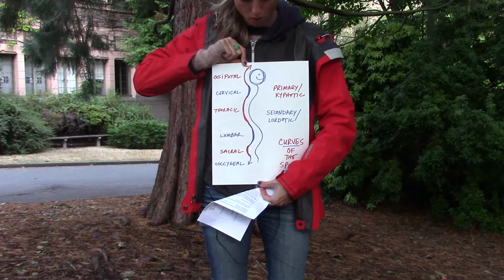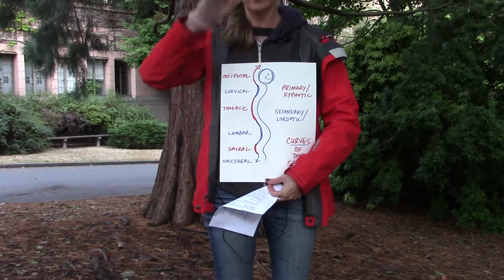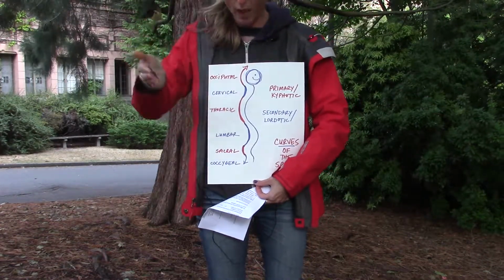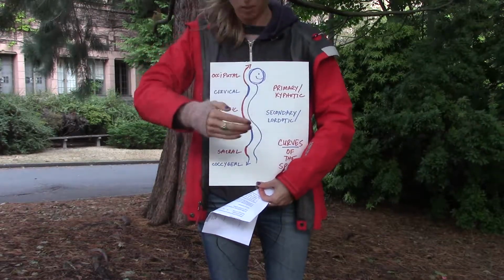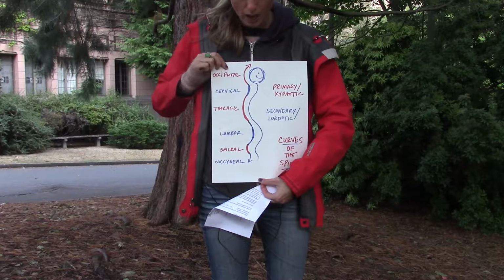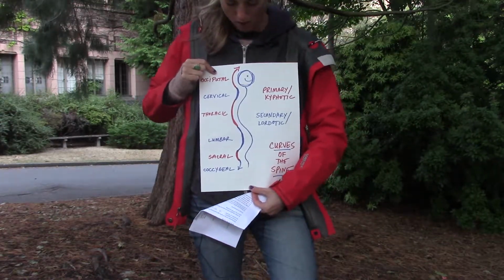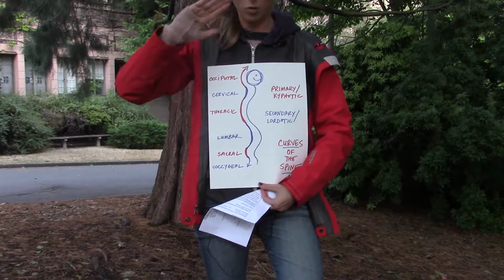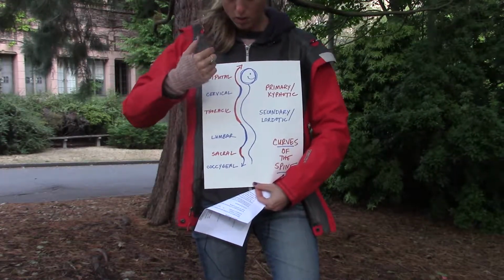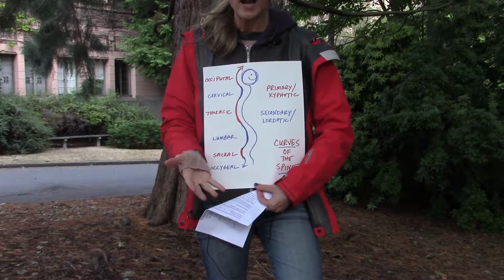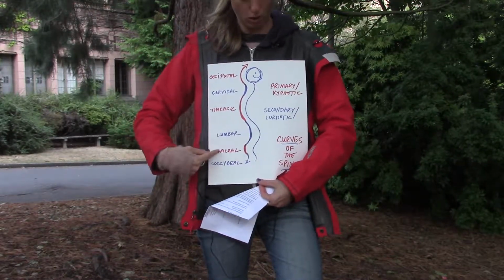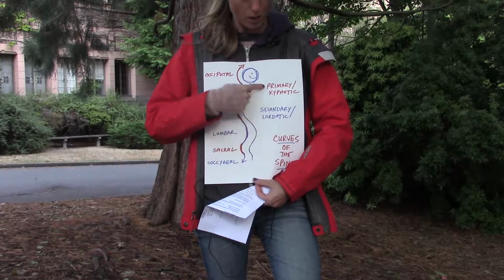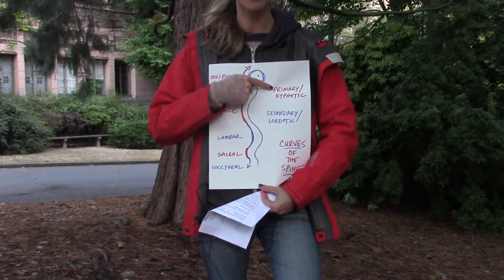I've drawn the curves that go, if you will, backwards in space in red, and the ones that curve forward in space in blue. And just to give you a little language around how people talk about these curves, the curve that goes towards the back, like the thoracic curve and the sacral curve that we've looked at so far, is also called primary.